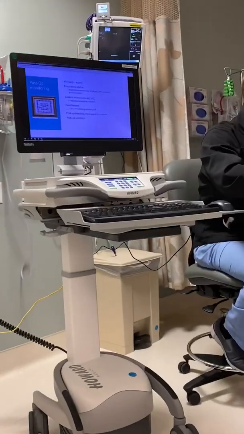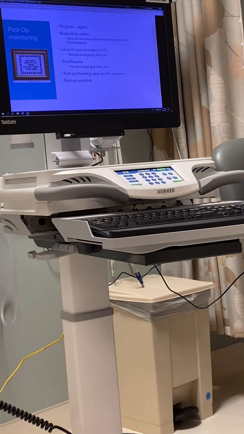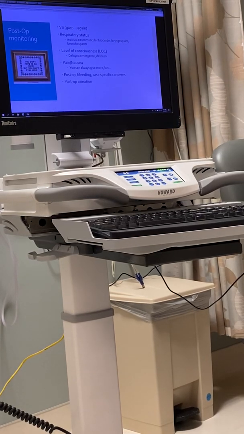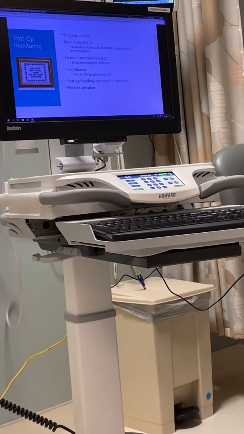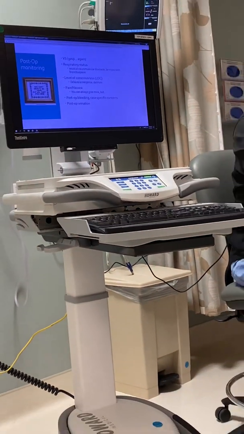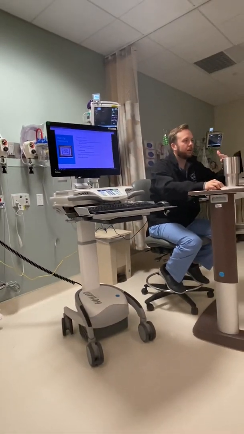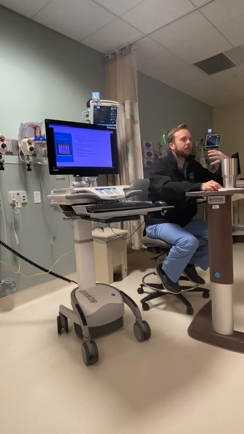Post-op monitoring for you guys: vital signs, respiratory status. What's the difference between residual neuromuscular blockade, laryngospasm, and bronchospasm? How do you tell the difference? We'll go over that in just a minute. The biggest thing with residual neuromuscular blockade, I'll tell you right now, have you ever seen guppy breathing before? They're trying, you can see the effort, they just can't do it.